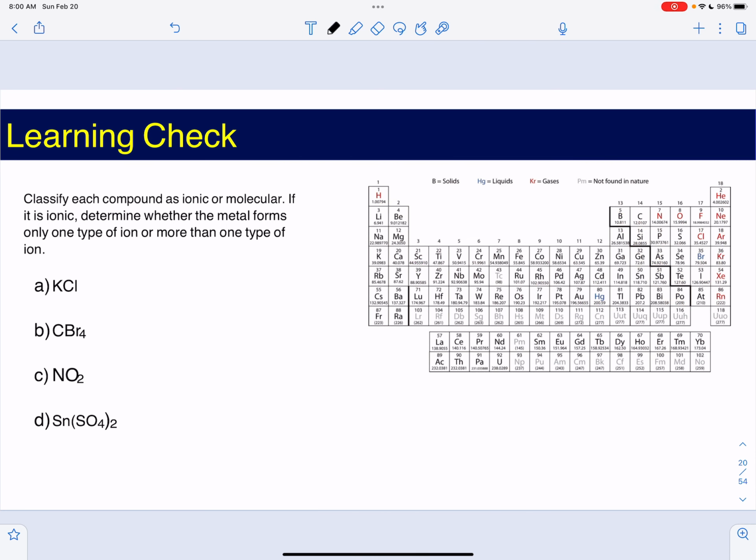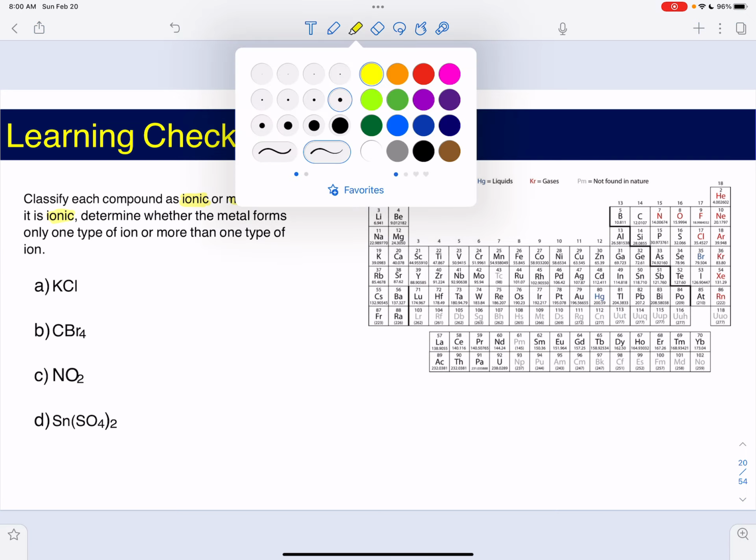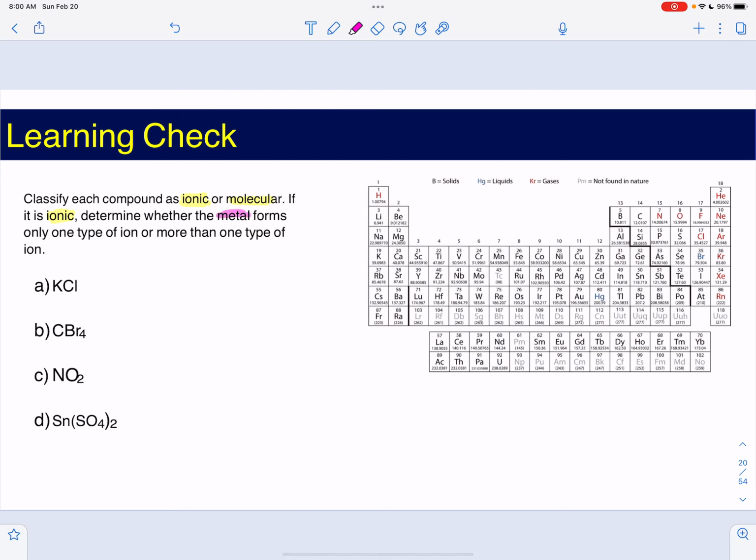So a problem like this, classify once more as ionic or molecular. If it happens to be ionic, then let me know if the metal has one type of ion, and this is something we're going to go deeper into very soon, or more than one type of ion.